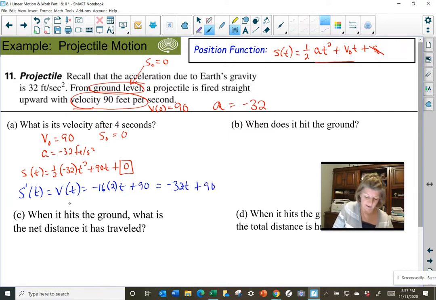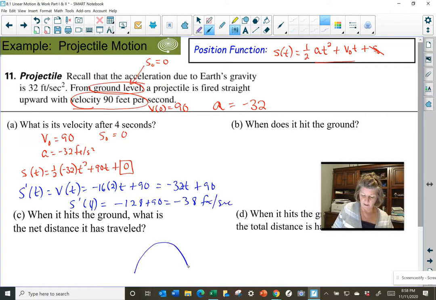Then evaluate it at 4, of course. S prime of 4 equals negative 32 times 4, which is 128, so negative 128 plus 90 gets me negative 38 feet per second.